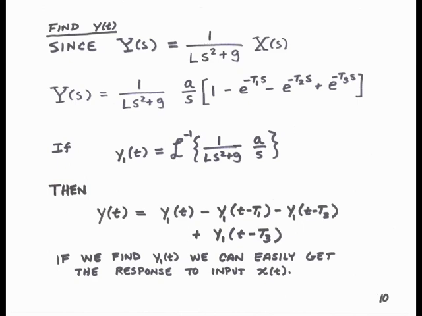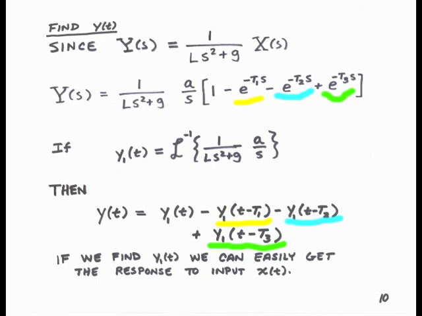When we find y1, what we're doing is finding the inverse Laplace transform of this first term. And then the other terms are just delayed versions of this. Since the system is time invariant, the responses to the other step changes will be the same as the response to the first step change, only delayed.